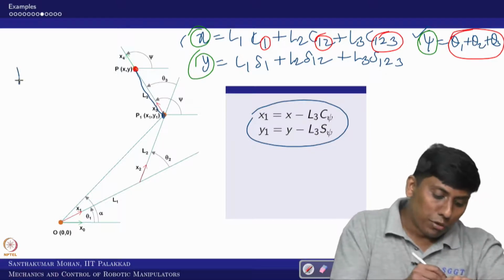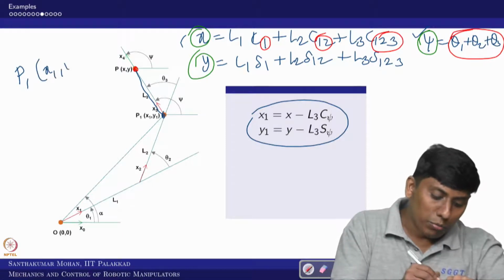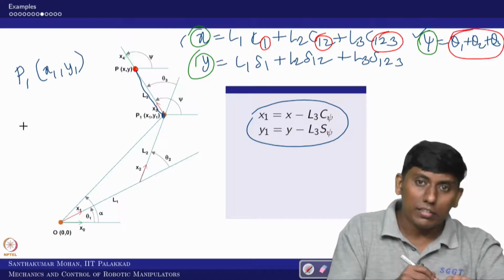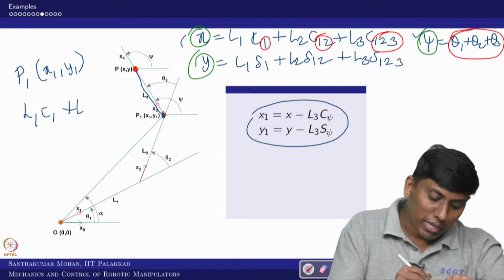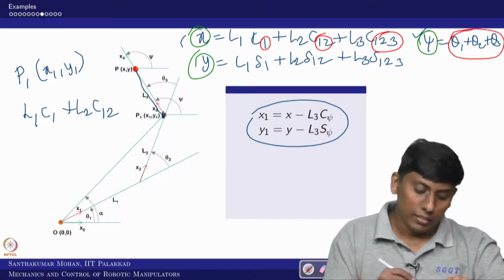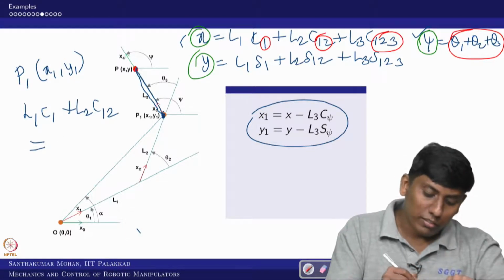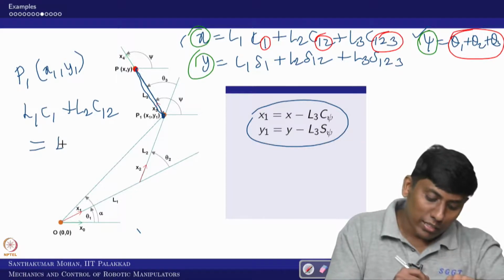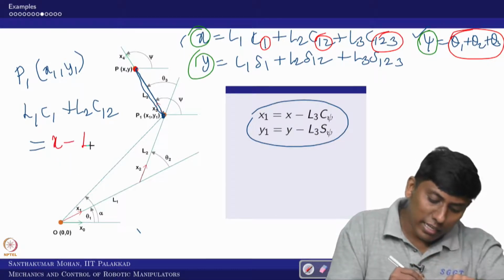If you write P1, it is where you call x1 and y1. That can be written as L1 C1 plus L2 C12, right? Because that is the point. That can be equal to this: you have this distance, and you subtract this. So you can see that this Px can be written as x minus L3 cos psi.